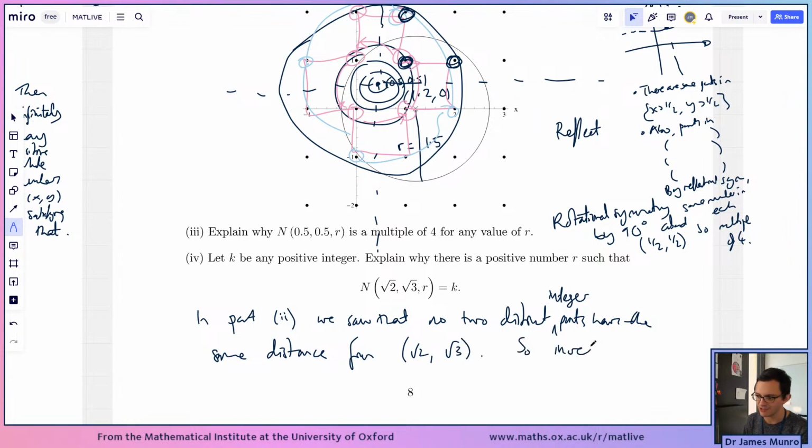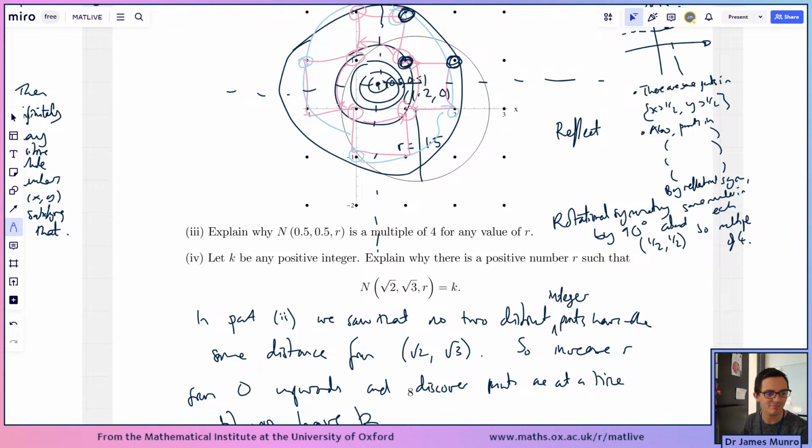So increase r from 0 upwards, and discover points 1 at a time until you have k. You don't go past k because you discover them 1 at a time, so you never miss out. Cool, right, okay.